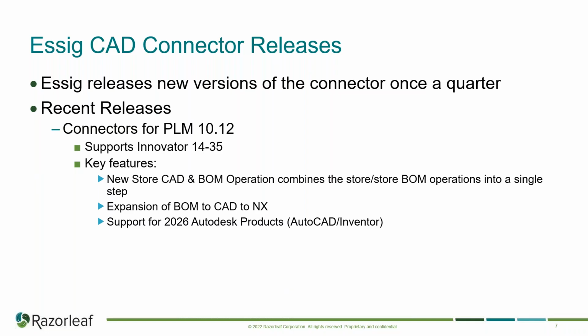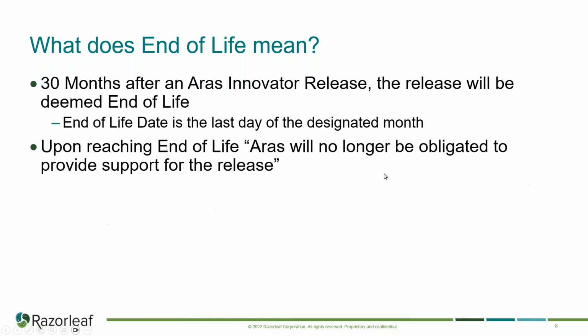For example, if I have a bill of materials without a top level assembly, I can select a BOM to CAD option within my Innovator UI. That's going to pull all those CAD files out and rebuild that assembly within my CAD tool. In this case, they've expanded that functionality to also support NX, and now is supporting the 2026 Autodesk products that have been released. So think of AutoCAD as well as Inventor.